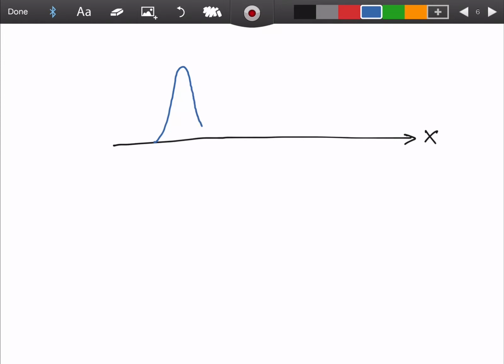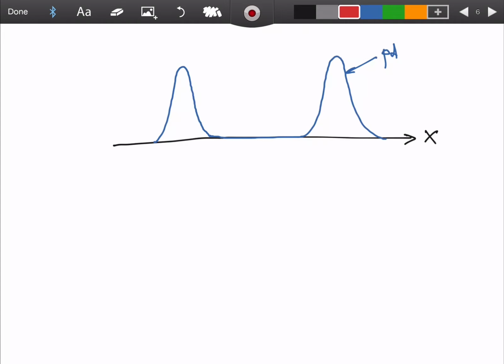So let me think of X as a one-dimensional variable. Okay, this is my X. And let's say this is my PD. Let's make it bimodal. This is my density. This is PD. This is the actual data density.